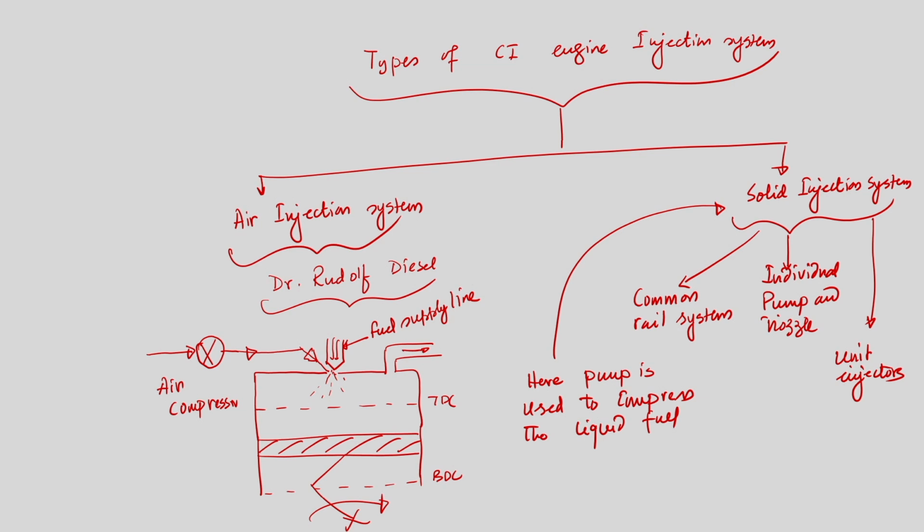Now, this system is not used, because there are a few problems. To run the high pressure system, we need to extract energy from the power developed in the engine cylinder. Not only that, the air velocity required to sweep the fuel coming out from the fuel nozzle, as well as to fragment the fuel into smaller particles, needs very high pressure from the compressor.